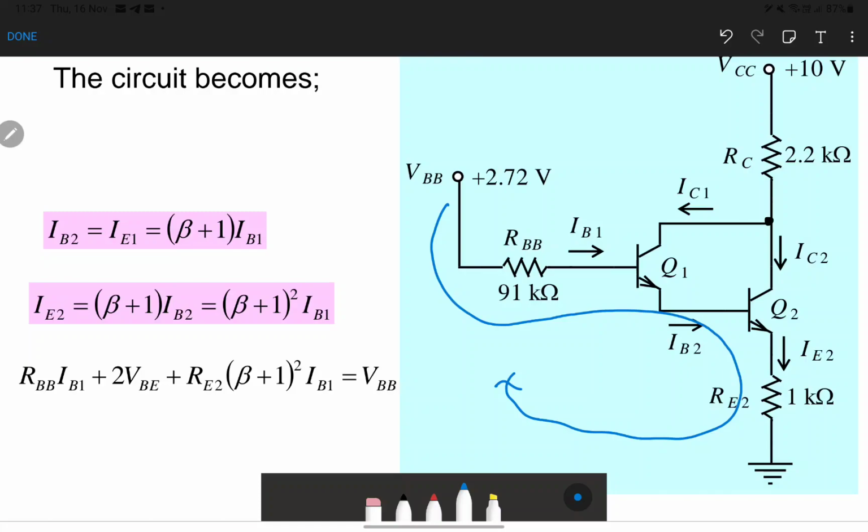So we write negative VBB plus IB RB plus we have VBE1 plus VBE2 plus we have IE2 RE2. Finally we reach the ground, so equal to 0.